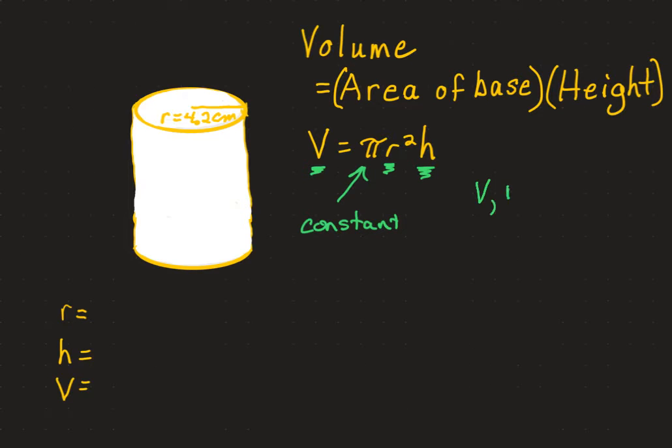V, R, and H are variables in this case. And as long as you know two of these, you can solve for the other one. In fact, for any equation, as long as you know all of the variables except one, you can solve for that variable, no matter how complicated the formula is.